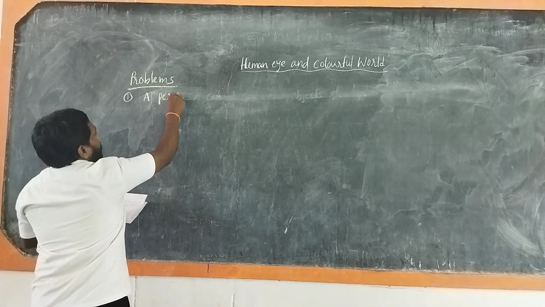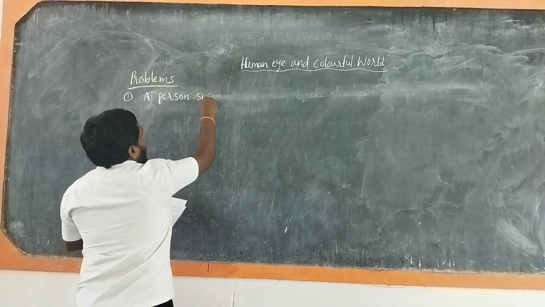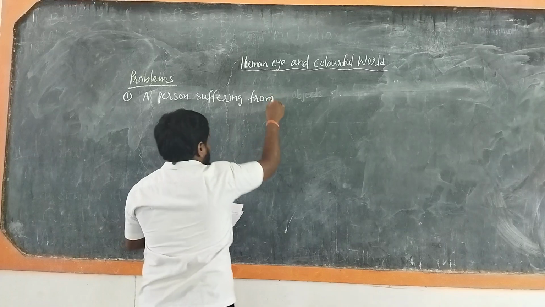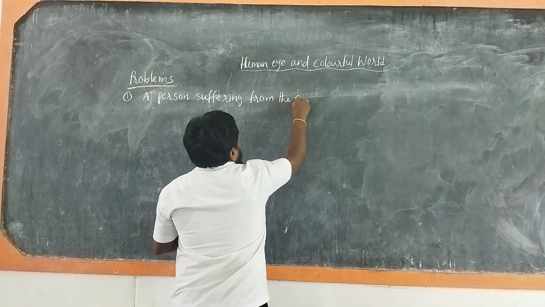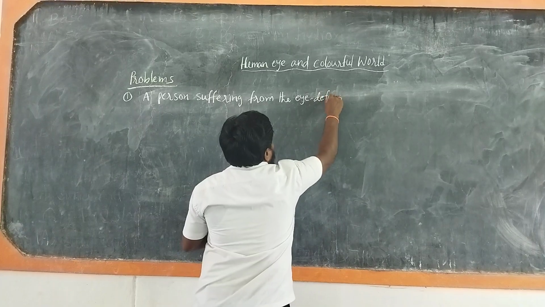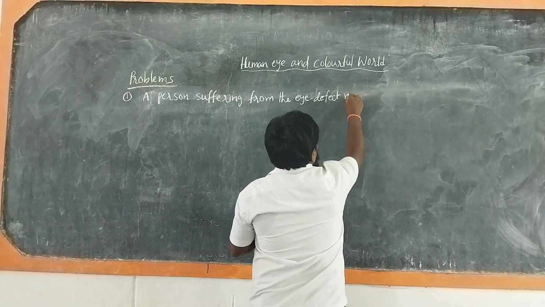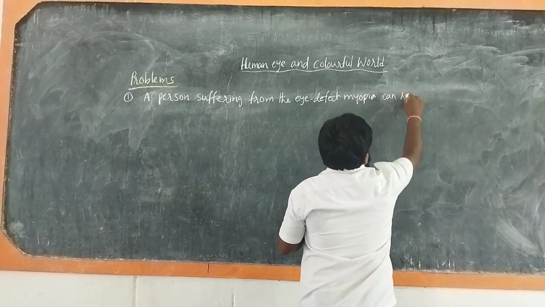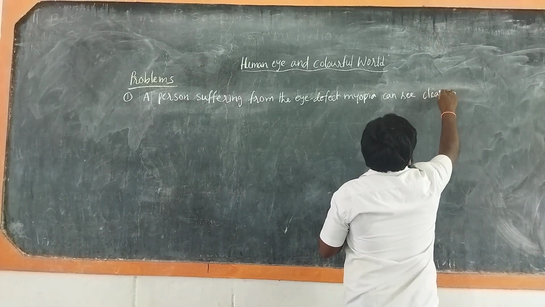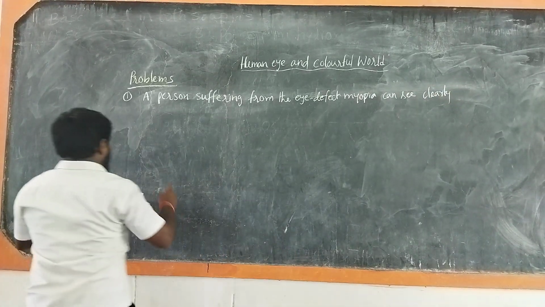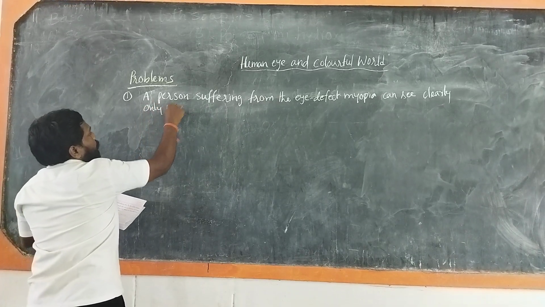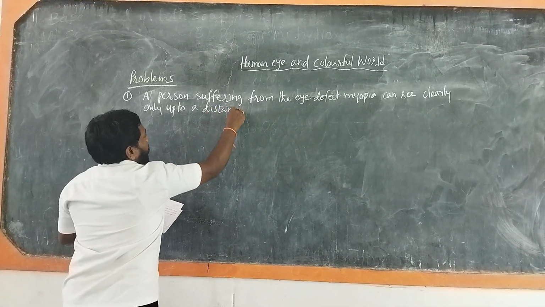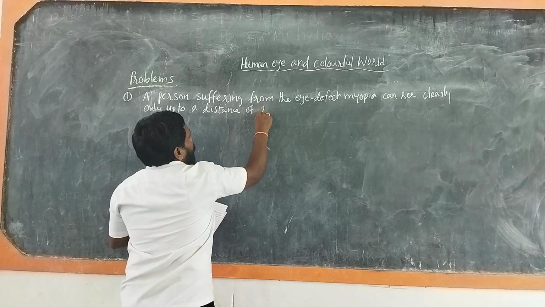A person suffering from the eye defect myopia can see clearly only up to a distance of 2 meters.